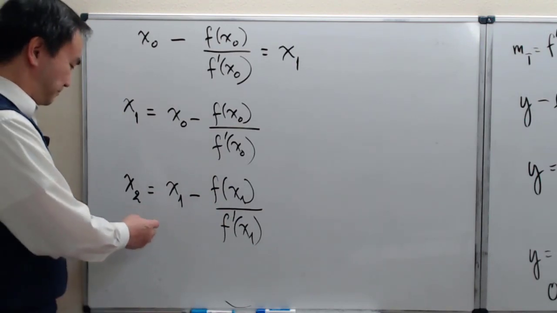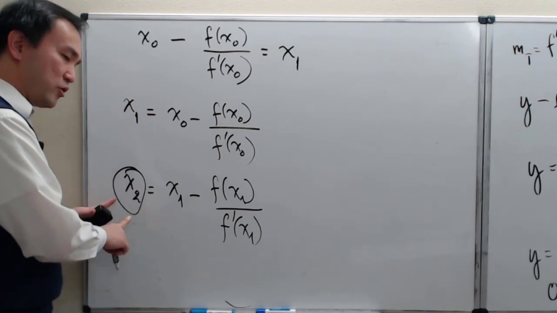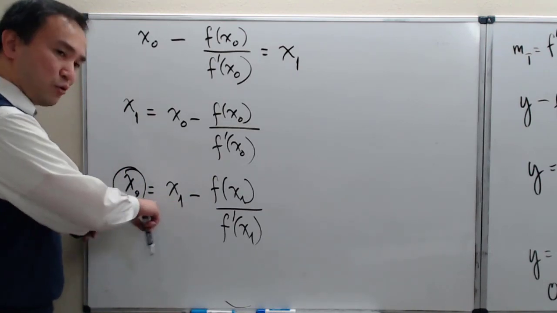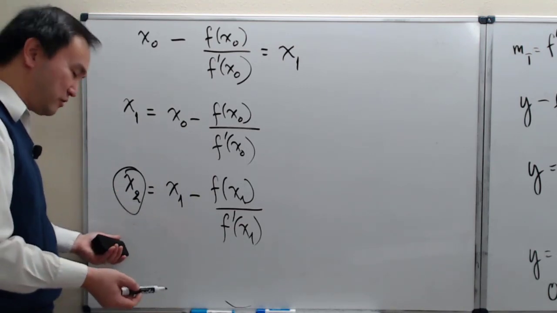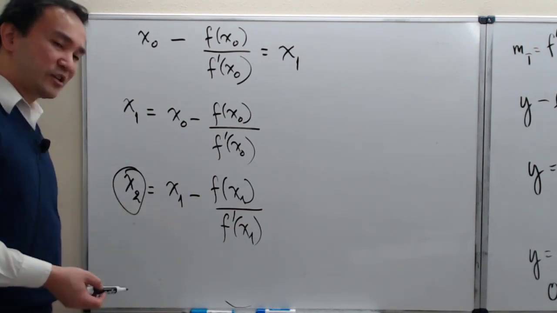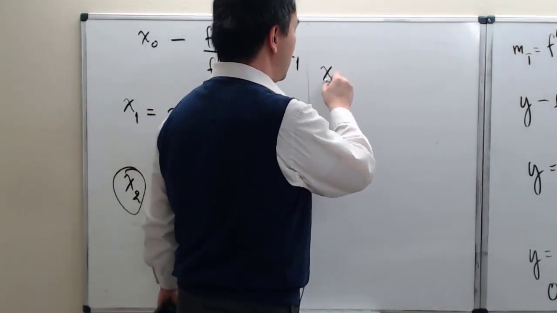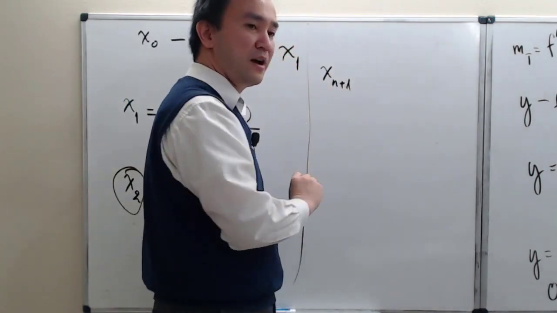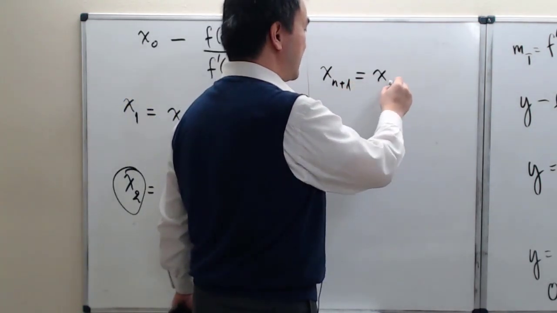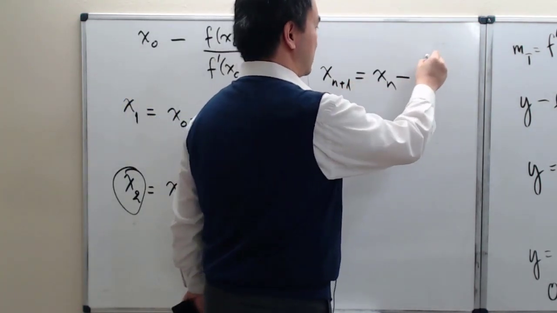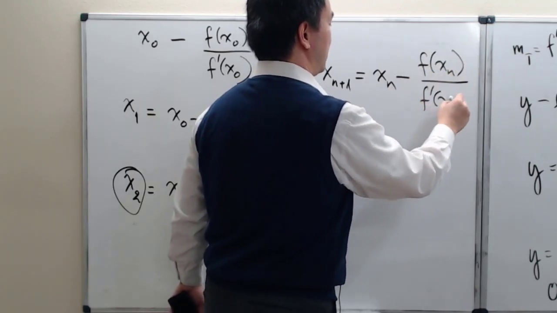Okay, and so this is the value where the tangent line at x1 crosses the x-axis, and the picture already showed that it's a lot closer to the actual value. And that's how, in general, at any next step, which I call x of n plus 1, it is going to be the very previous step, x of n, minus f of x of n over f prime at x of n.